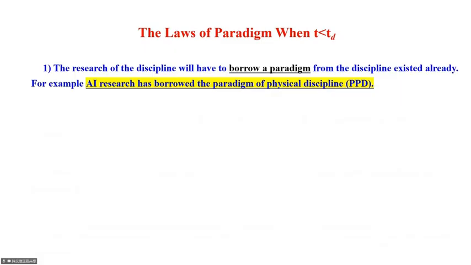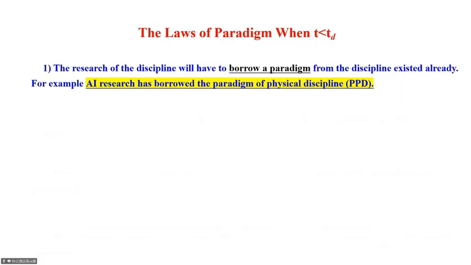Or we can say all the laws are valid under the condition that the research discipline does not have its own paradigm available, or is in its initial state. Like AI, current AI is in the initial period. The laws include the following points.